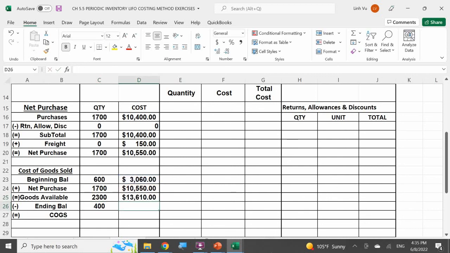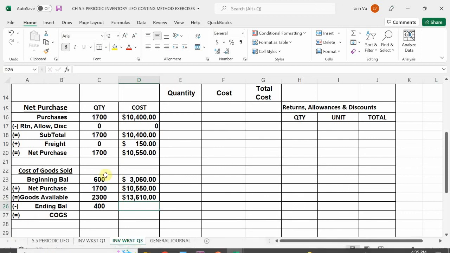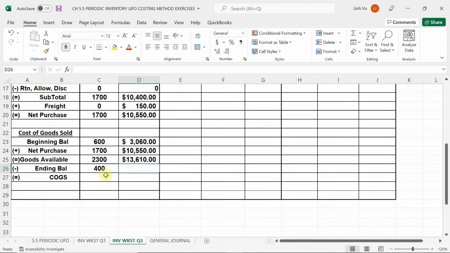Adding those two values together gives a grand total cost of goods available to sell of $13,610. And here it tells me I only have 400 units left, so my assumption is that I must have sold a total of 1,900 units.